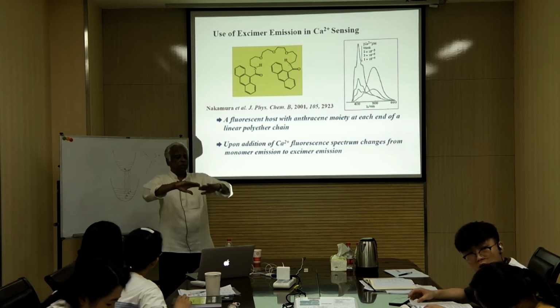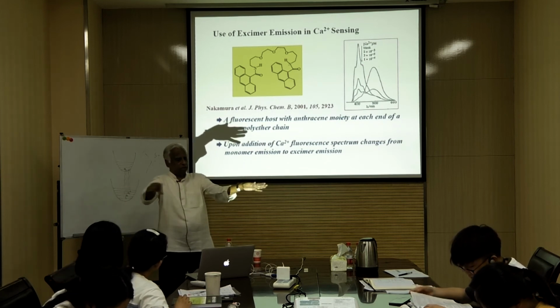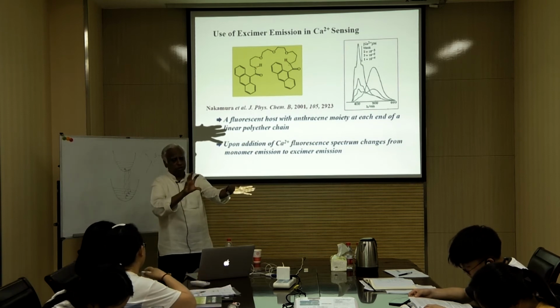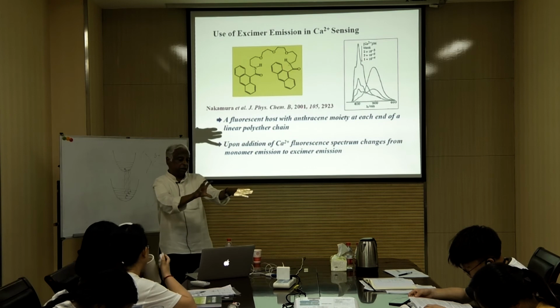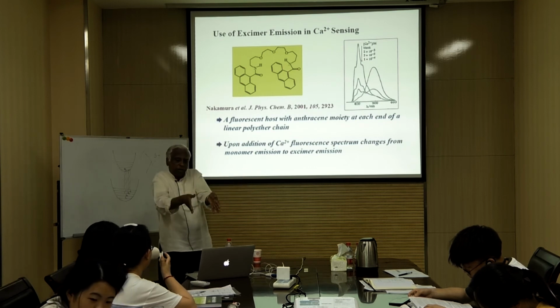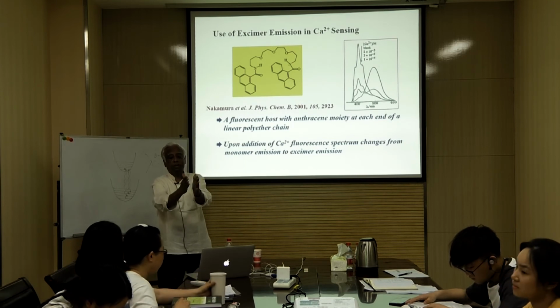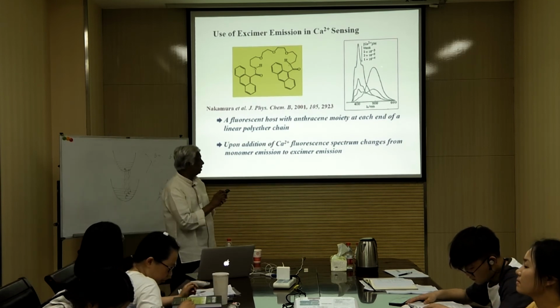Normally the two anthracenes are like this, and you have this crown, and then when you put this sodium or this calcium, now this one will have to change its conformation, the two anthracenes will get closer, and now this is excimer.